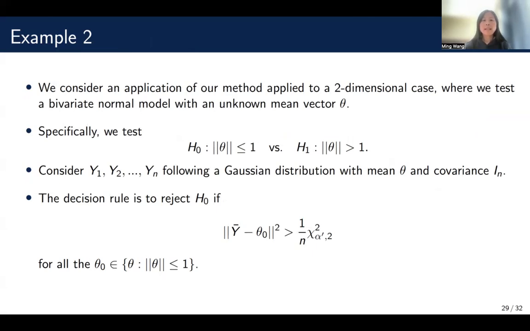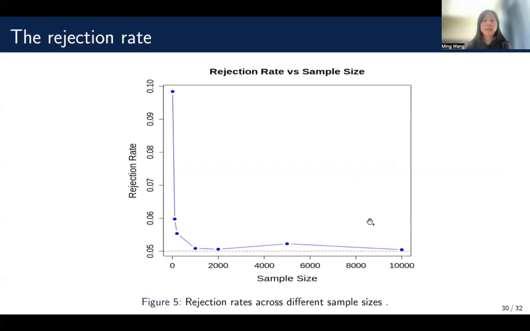We test the null hypothesis that theta is within a disk, and the alternative is outside of that disk. Figure 5 shows the rejection rate across different sample sizes. You see that as the sample size is sufficiently large, the rejection rate is close to 0.05, which means our method works for the two-dimensional case or higher dimensional cases.